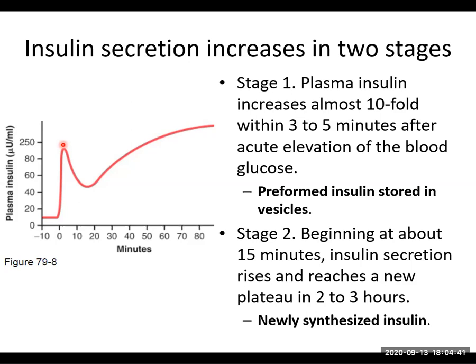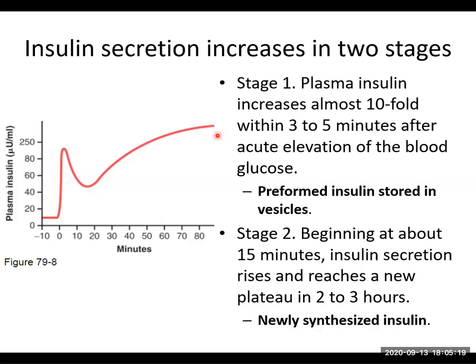However, very quickly they use up all this preformed insulin stored in the vesicles. So the beta cell needs to produce newly made insulin to face the continuing increase of the glucose level. So following the first phase of preformed insulin, a couple of minutes later we have the newly synthesized insulin produced from the beta cell.